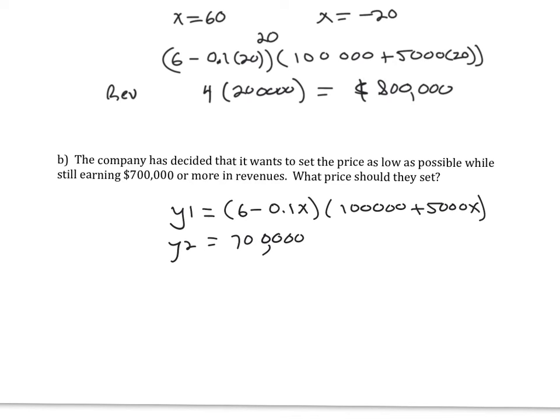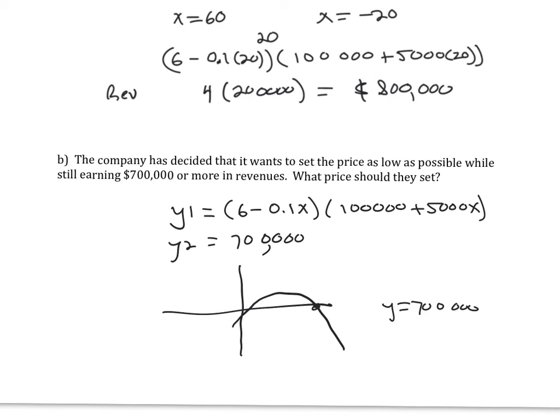And what happens is when we do this, we're going to get two different x values, where y is equal to 700,000. And the one we're interested in is this one, because that's going to represent a greater decrease in price.